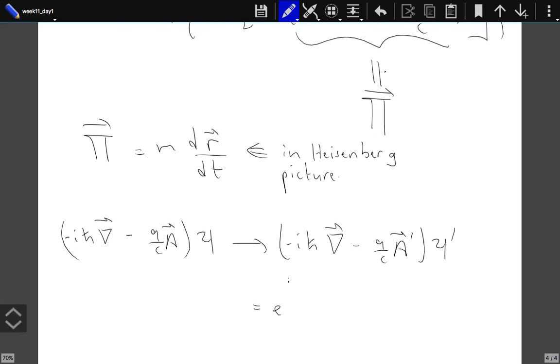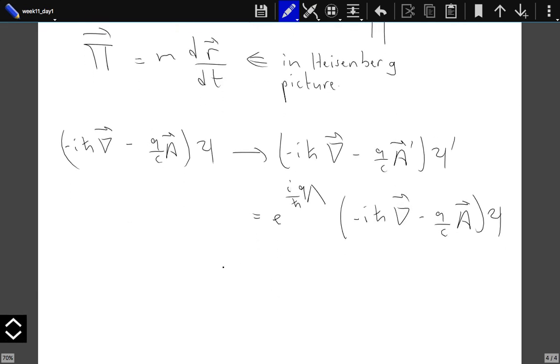But this is nothing but e to the power i q over h bar lambda times minus i h bar gradient minus q over c A psi, where under the same gauge transformation psi goes to e to the power minus i q over h bar lambda psi. This was how we had defined the gauge transformations.